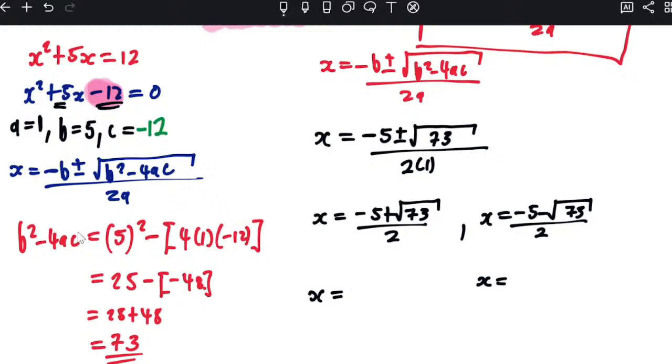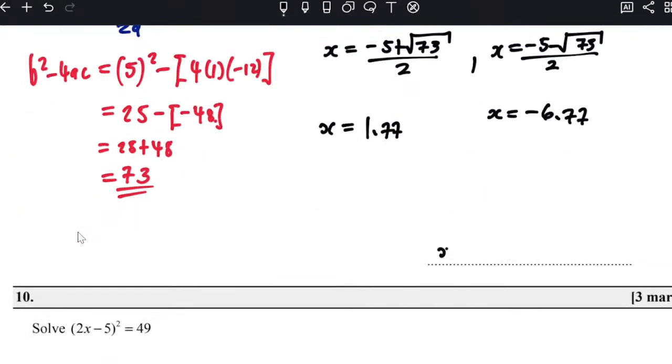So now that we are done, I want to see all my solutions. Here the answer is 1.77, to 3 significant figures, and the other one is negative 6.77. So x is equal to 1.77 or x is equal to negative 6.77.